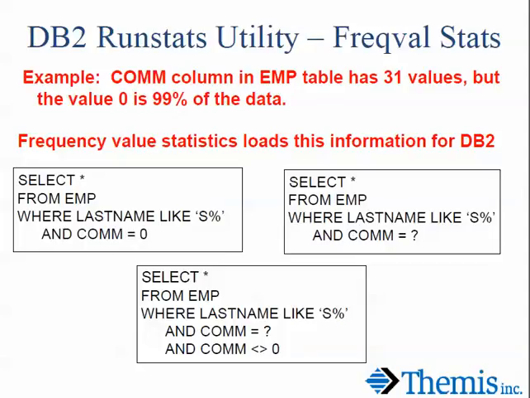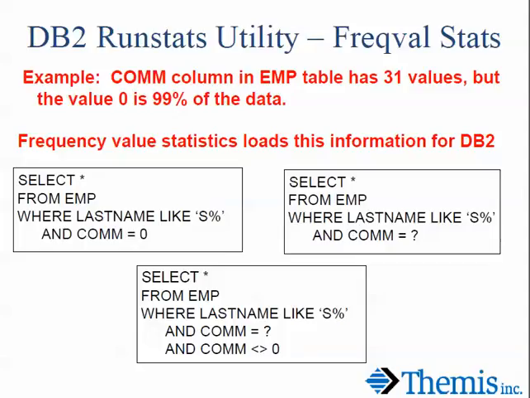That's step one. Step two is that we as developers need to let DB2 know in our queries whether we're going against the commission column equal to 0, or a commission of a different value that's not 0. I have a couple of examples right here where I say, and commission equals 0.